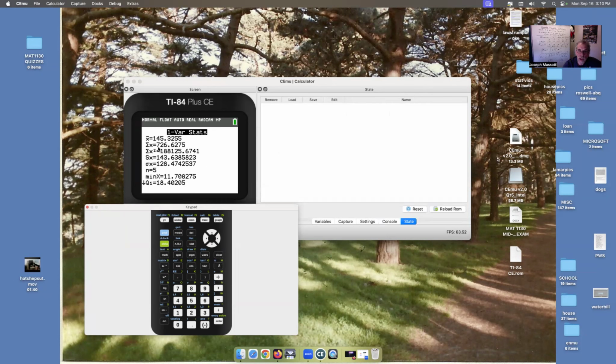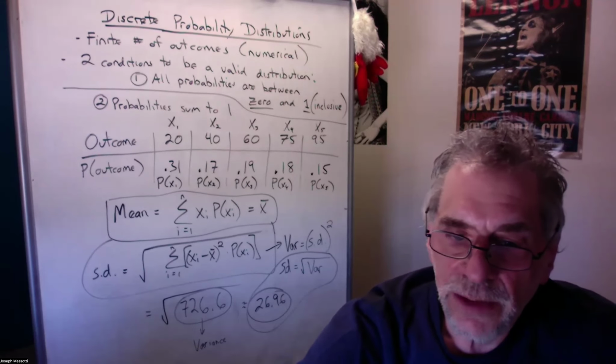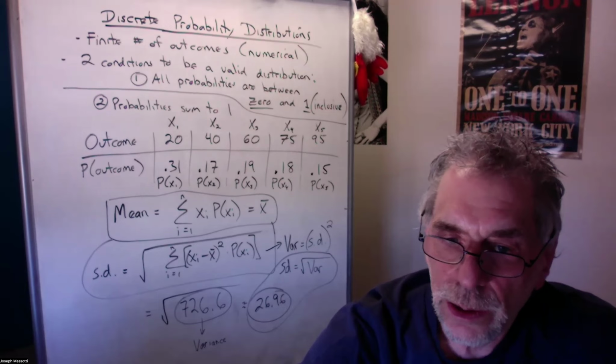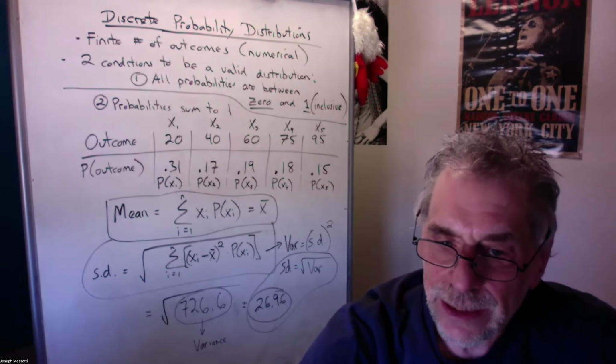And if we take the square root of that number, we're going to get the standard deviation. Okay? And we did that here. 726.6 was the sum of list 4. That's this value underneath the square root sign. That's the variance. It's here.